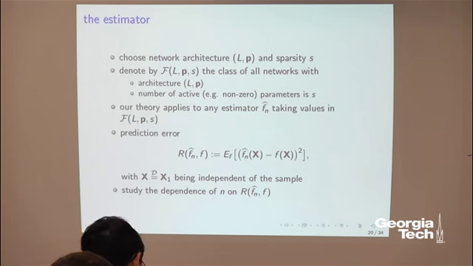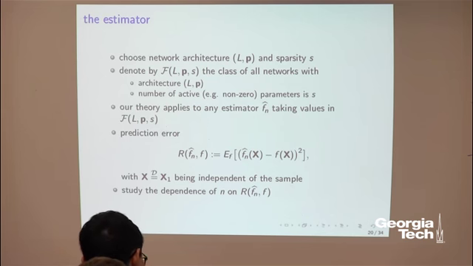We fix a network architecture, which is what people in practice have to do as well. So we fix a number of layers, and we fix the network width in each of these layers, which gives the vector p. On top of that, as you have seen already, we fix a sparsity s, which means the number of non-zero or active parameters in the network.